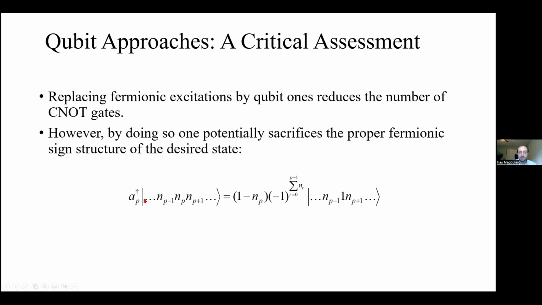So we see that when we have this second quantized creation operator acting on this generic state, we have a 1 minus n_p condition times this sign factor. If we go back to the qubit creation operator, we have a similar 1 minus q_p condition, but we lose the information about the fermionic sign. And then the question is, how detrimental will that be for our computations?